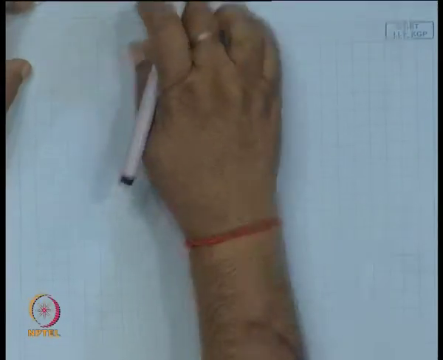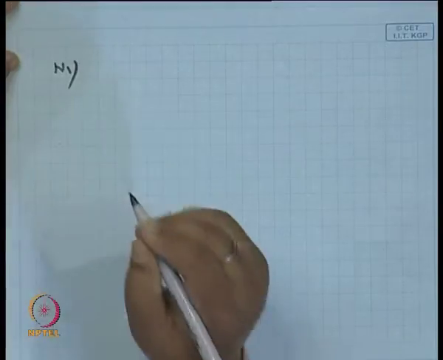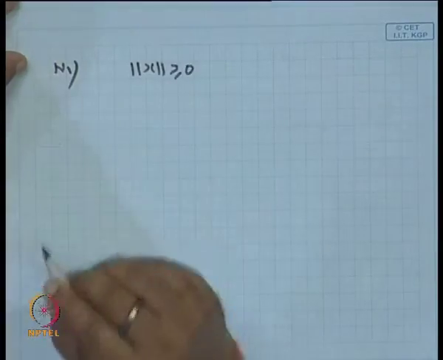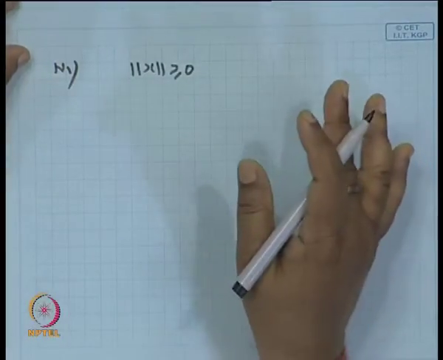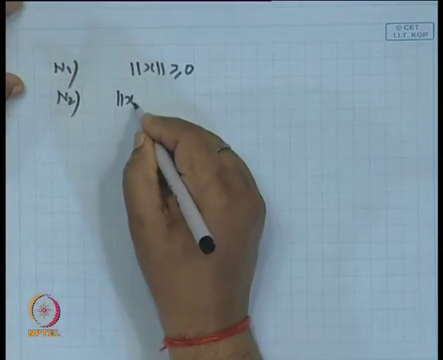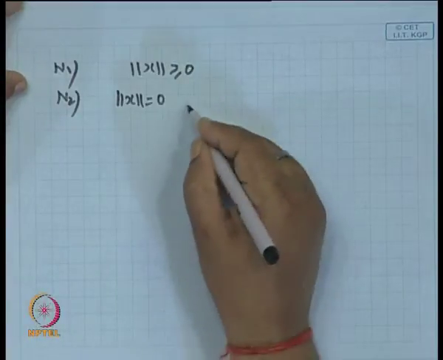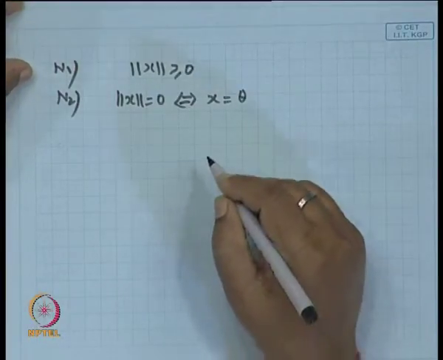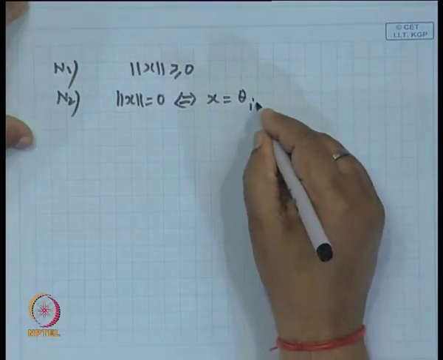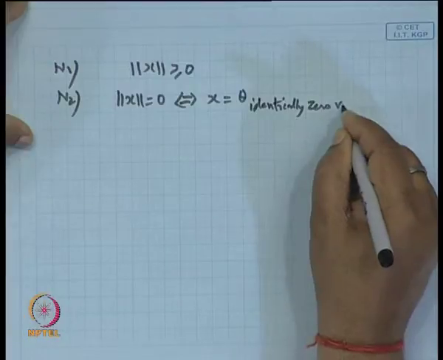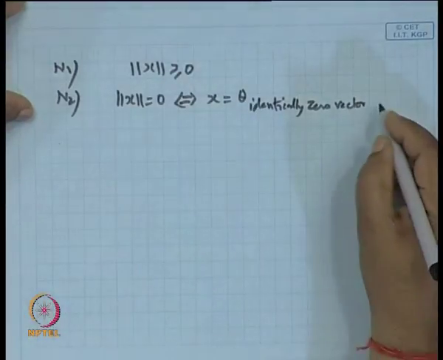The properties are: the first property, N1: the norm of x is greater than or equal to 0. It cannot be a negative quantity. Then N2: the norm of x equals 0 if and only if x is the identically 0 vector, theta, the 0 element.